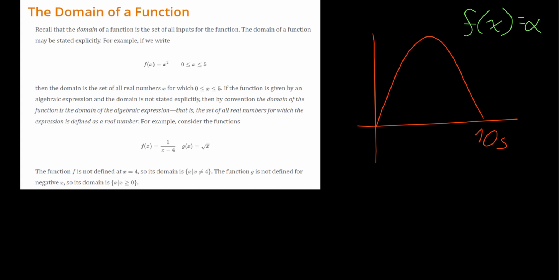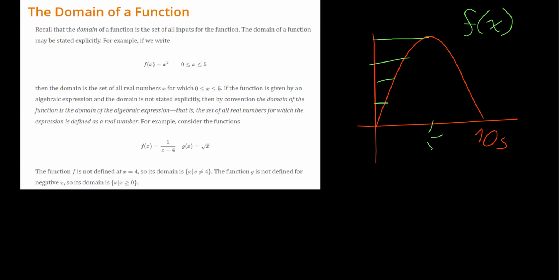So the domain of f of x here is from 0 to 10. Why? Well, think about it. If my little toy rocket goes up and down, and I want to know the height of the rocket at different stages of time, this would be 5 seconds, and so on.